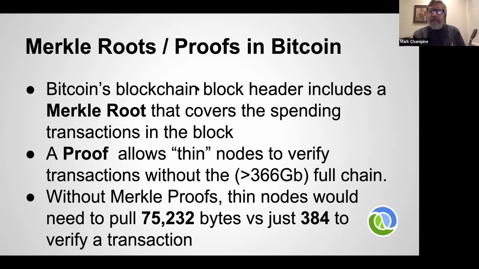A block in the Bitcoin blockchain has as its primary reason for existence a number of spending transactions. You know, Joe paid Jane, Jane paid Charlie. And a single block on the blockchain can have thousands of these transactions included in it.